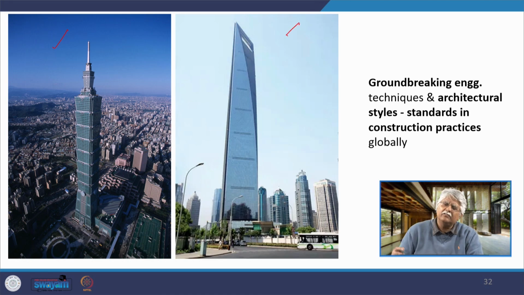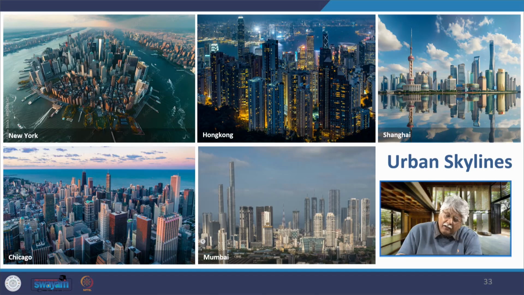So tremendous things are being done, tremendous technology is at the background of modern day skyscrapers. Urban skylines as a result are changing dramatically, whether it is New York or Chicago, Hong Kong or Shanghai or even Mumbai. So much so that sometimes it is difficult for us to decipher which skyline is of which city because of the multitude of skyscrapers that we find in all of them.